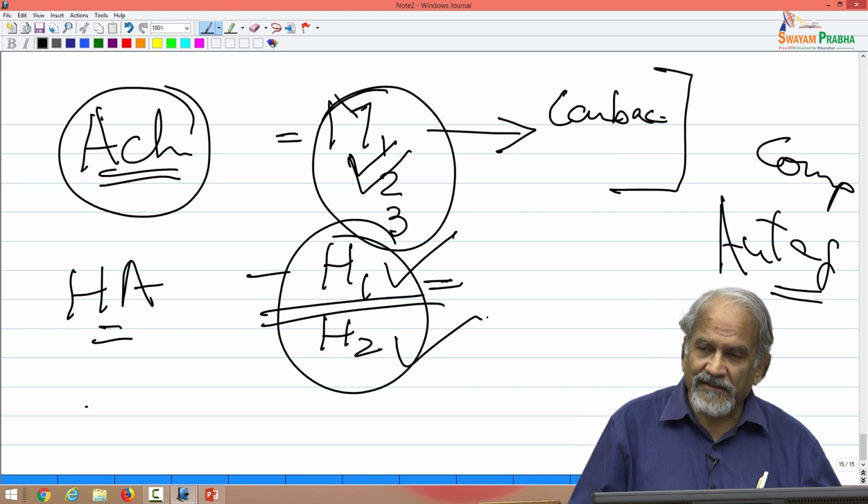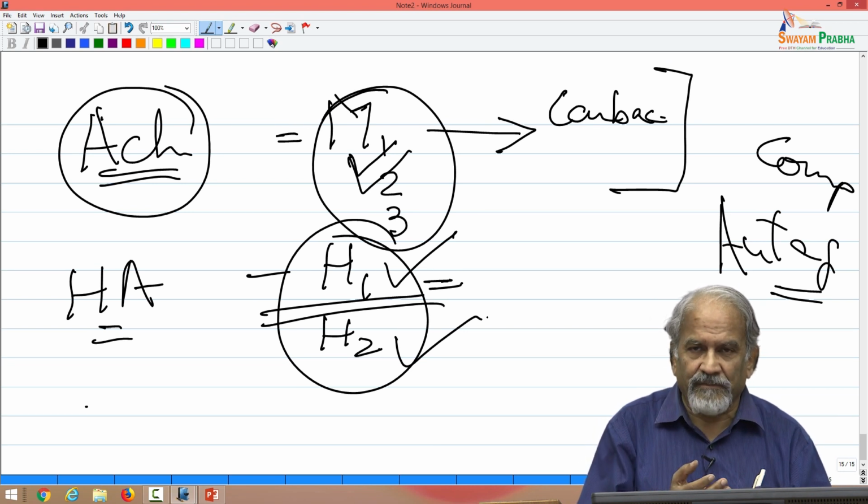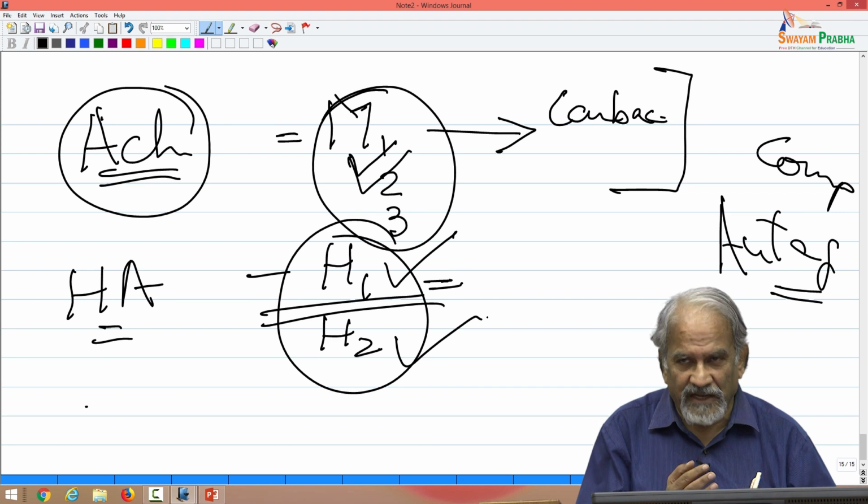So, to summarize, the drugs act by 3 mechanisms: either on the receptors, or on the second messenger system, or on the enzymes.